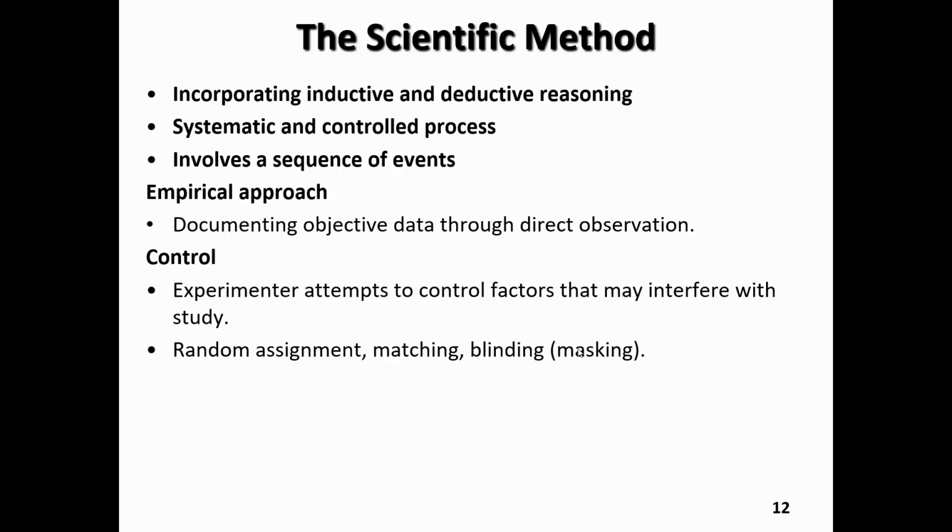These are two terms that are used interchangeably, which means that the researcher and/or the research participant is not aware of a particular condition that is being applied to the research participant. And this is often used in drug studies or studies that investigate some form of medical treatment for some sort of condition.